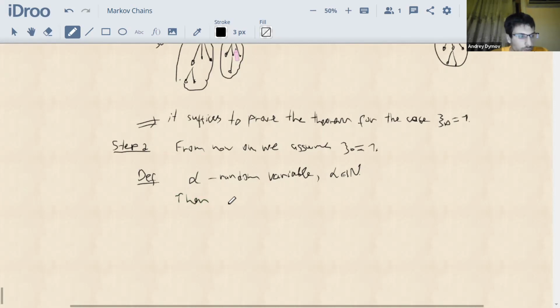Then the following function, I will denote it phi alpha of z, is the expectation of z to the power alpha. Z here is a complex number which is in absolute value smaller than or equal to 1.